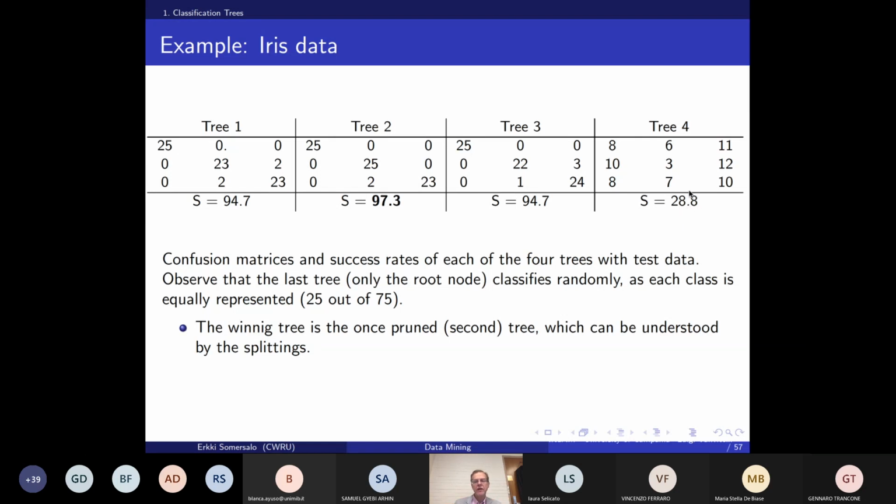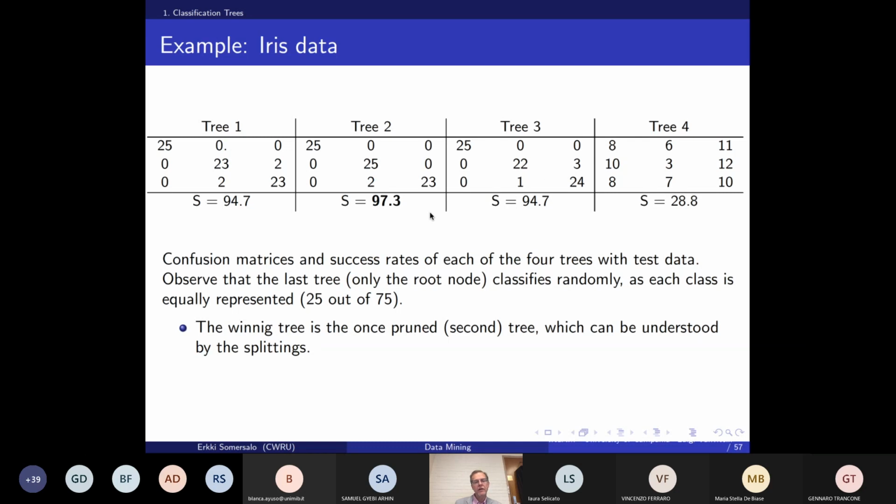So this 28.8 is just a result of a random classification. Optimally it should be 1/3, because that's the probability of classifying correctly. But in this case it was slightly less, and so you get all these random numbers, and you see that this is really a tree that is worth nothing here.